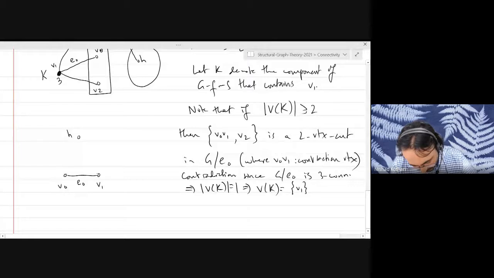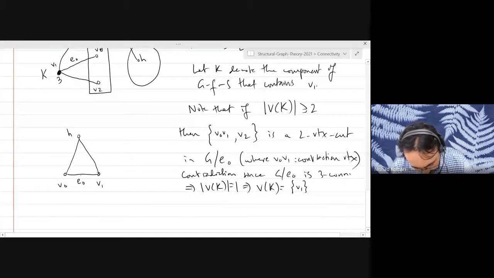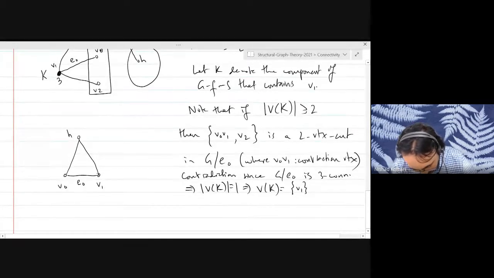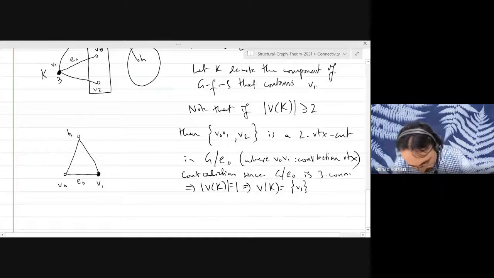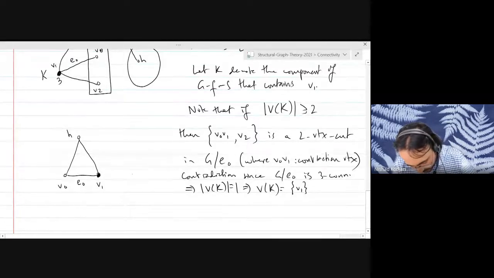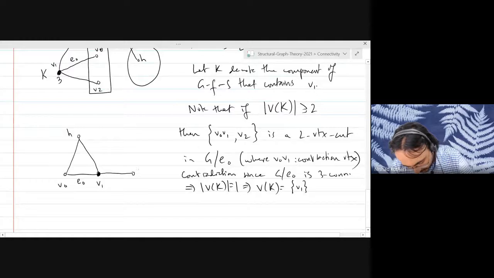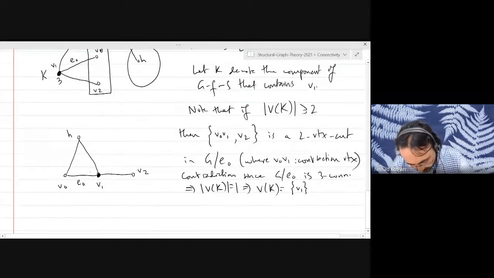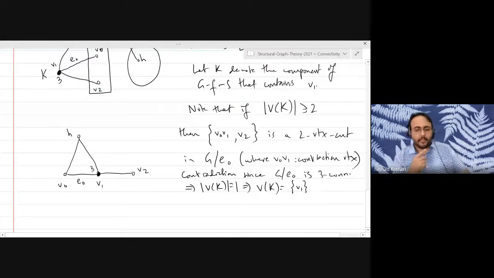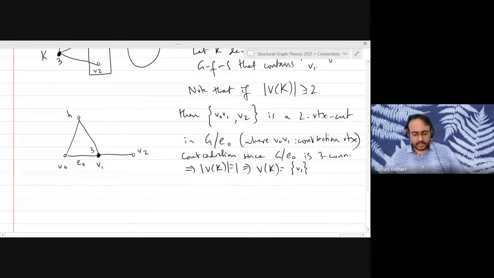So we have these two edges, and V1 is a vertex of degree 3, which means it has exactly one more neighbor, and that neighbor we already know, we called it V2. Are there any questions or concerns at this point?